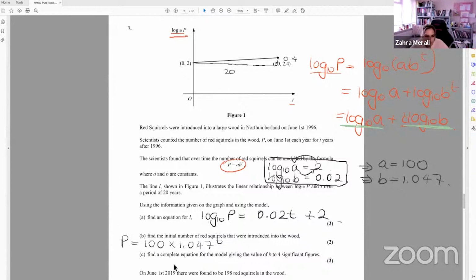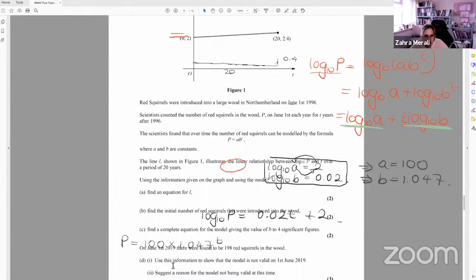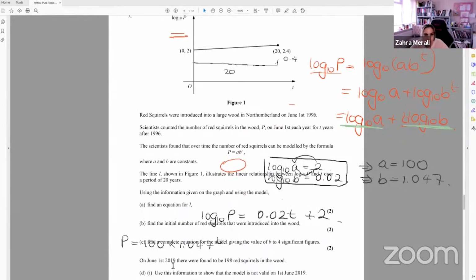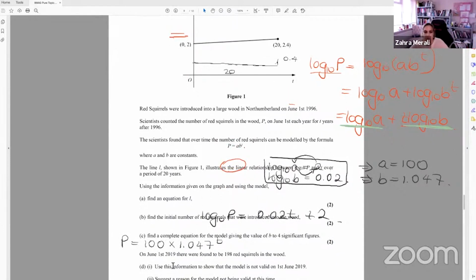And the last question says, on June the 1st, 2019, there were 198 squirrels. So show that this model is not valid. Okay, so from 1996 to 2019, we're going to have 23 years.